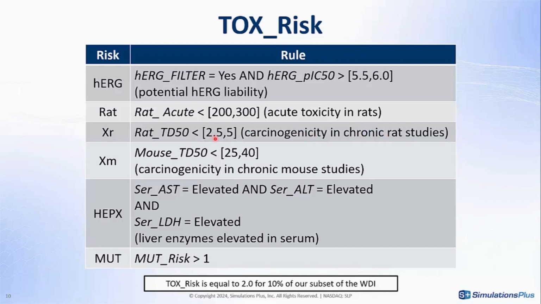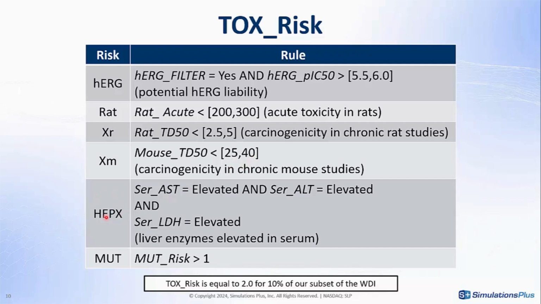This one goes down, it's a less than. So anything above 5 is not penalized. Between 5 and 2.5, it's a fractional penalty, and below 2.5, it's a full penalty. For the mouse TD50, the range is between 25 and 40.